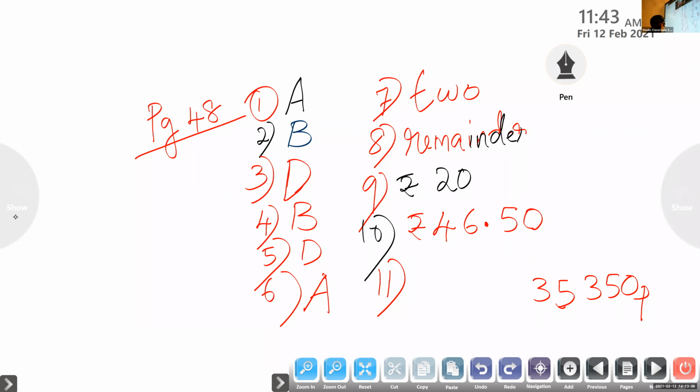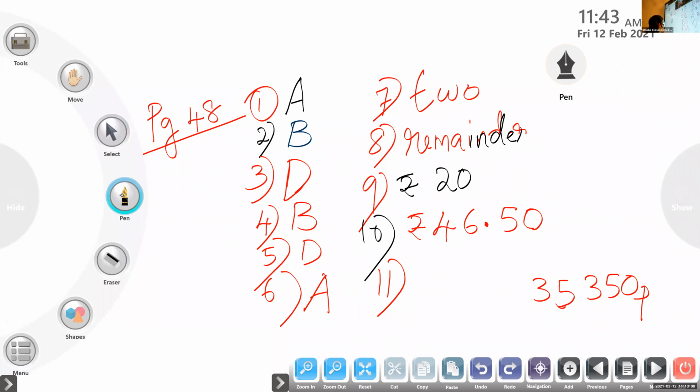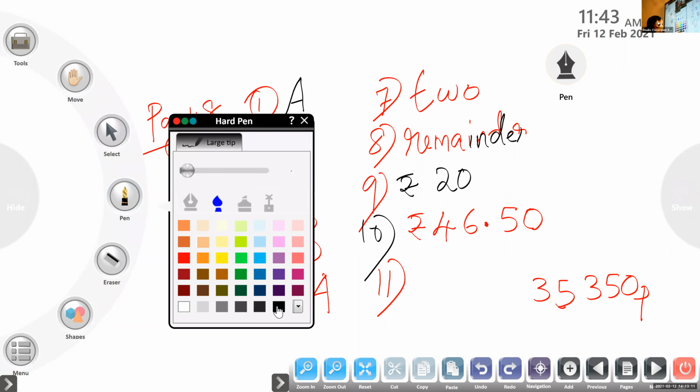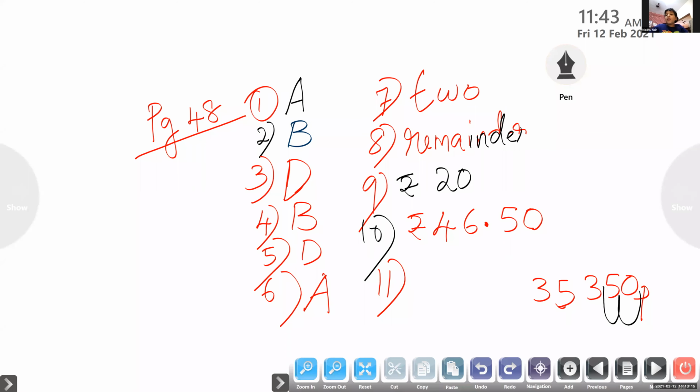How many digits will you move to find the answer? 353.50 rupees. Okay, children, this is 35,350.